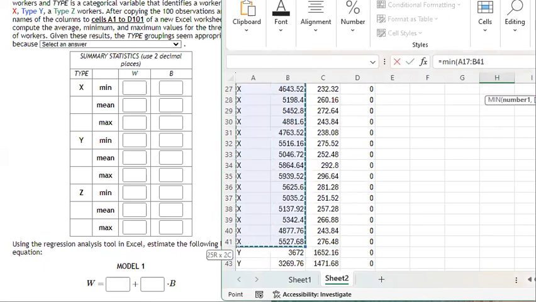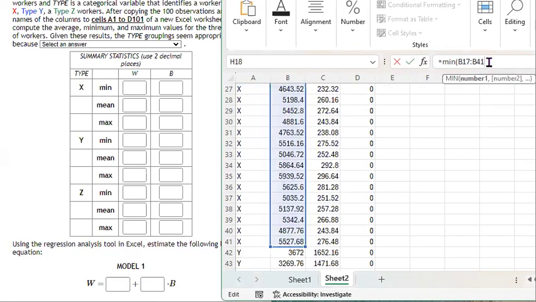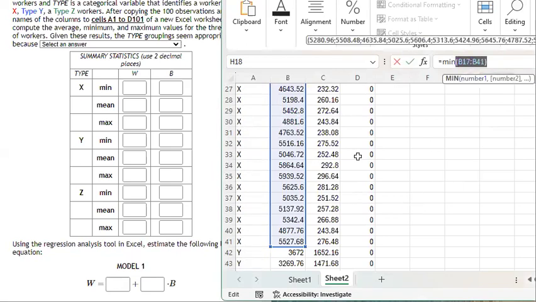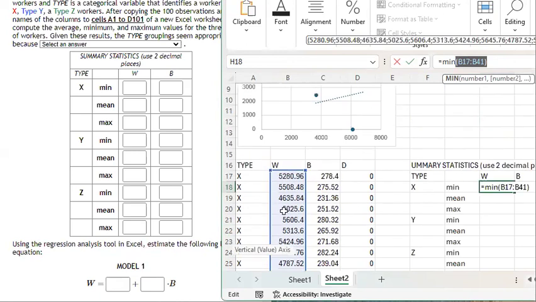See that? That's the last type X worker. I'm gonna copy the cell designations, right? B17 to B41. This is at B41 here, right? Column B, row 41. And then this value is in column B, row 17, right?